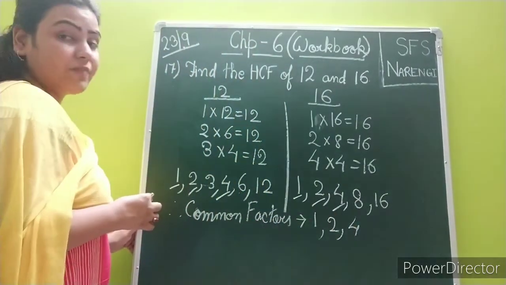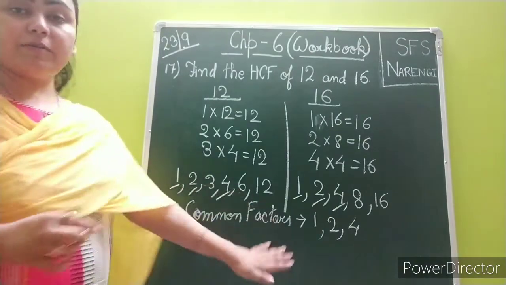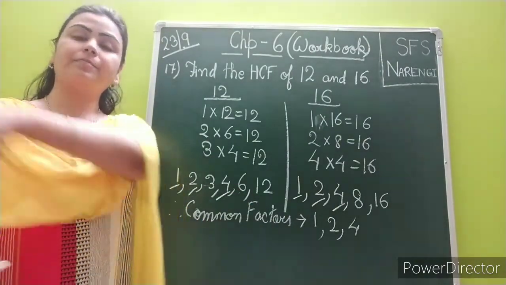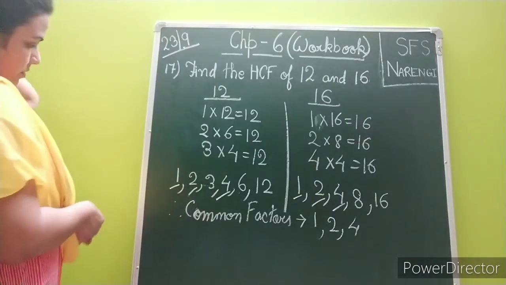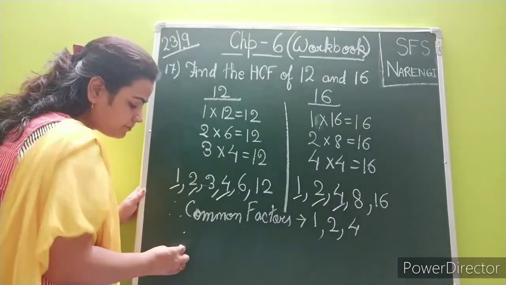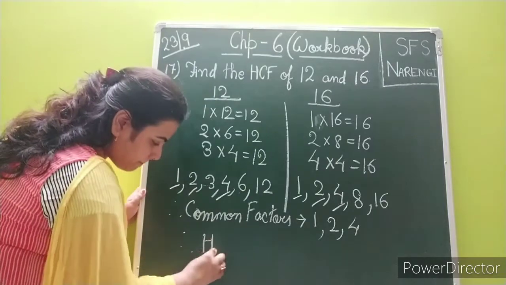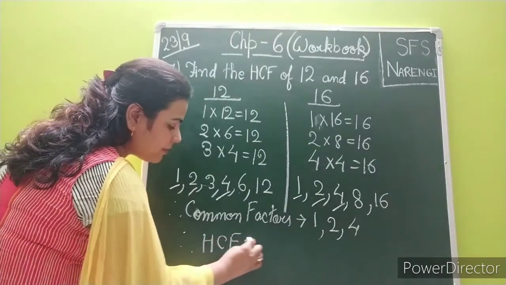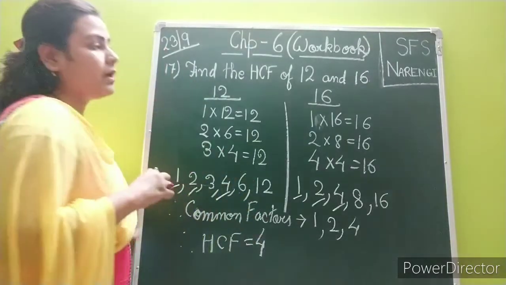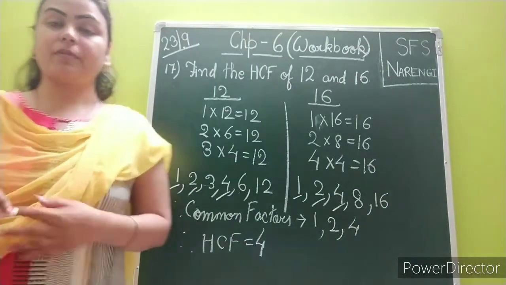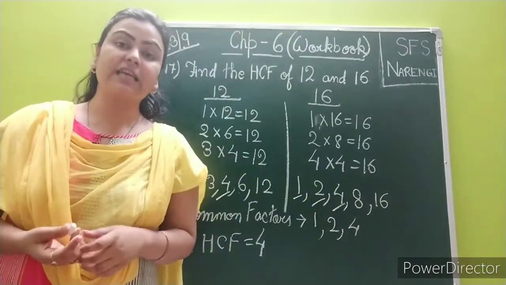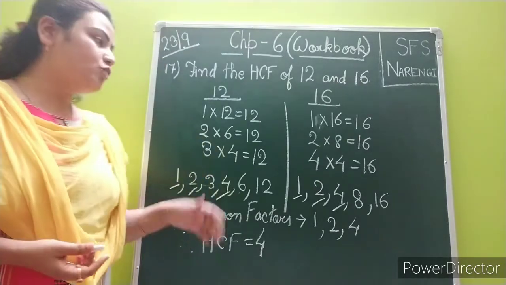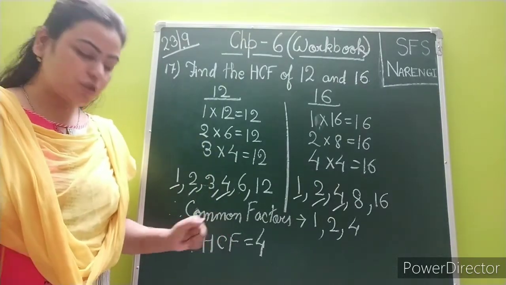So, these are the common factors, and which is the highest among them? Obviously 4. Therefore, HCF is equal to 4. I hope it is understood, children, and it is easy as well, right? So, I hope this one is very well understood.